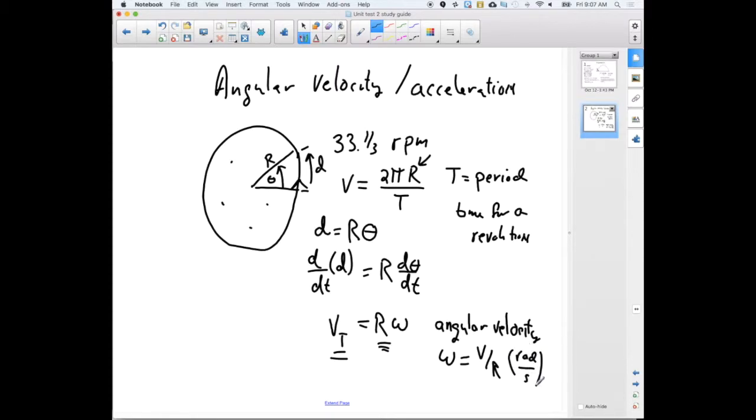And then we can play the same game and say that the derivative of v sub t with respect to time is r times the derivative of omega with respect to time. So the tangential acceleration is the radius times the angular acceleration.